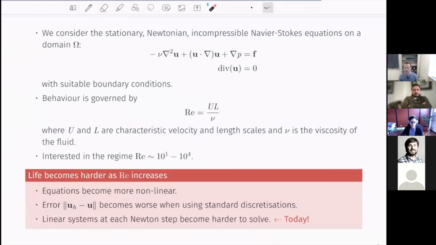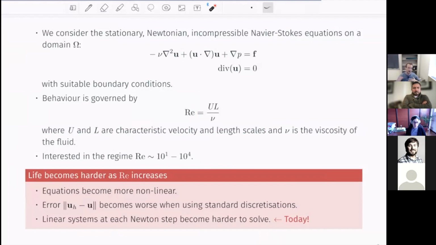If you have something that's really viscous, like honey or lava, then the Reynolds number is pretty low, right? In this talk, the regime that we're interested in is Reynolds number 10 to 10,000. This is the regime where steady solutions still exist or are just about to stop existing.